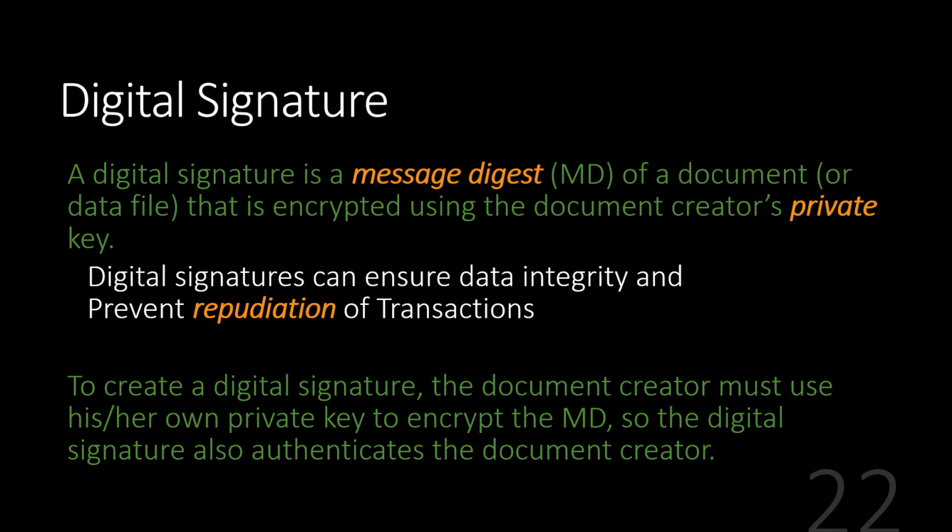So the document creator has to use a key to add their authentication to it, and then that also authenticates me as the creator of that document. Any changes added to that document between the source and the destination would then invalidate that key, that digital signature. The digital signature would no longer work.